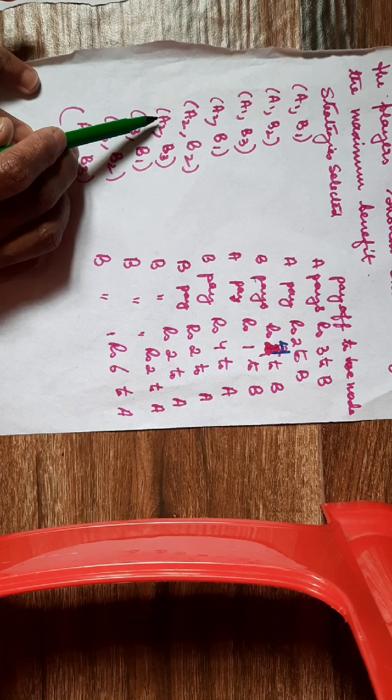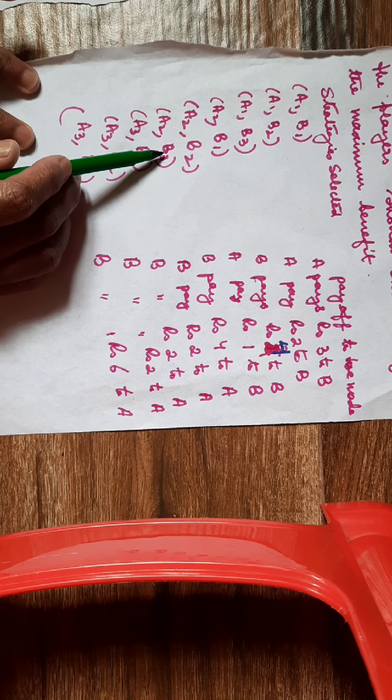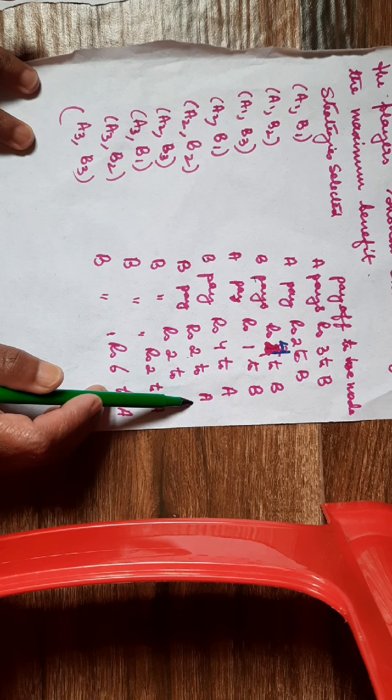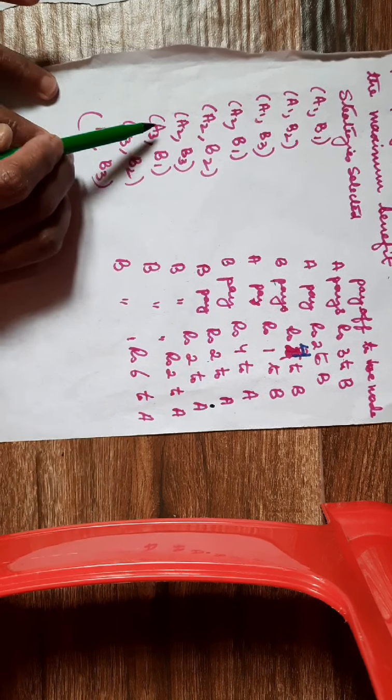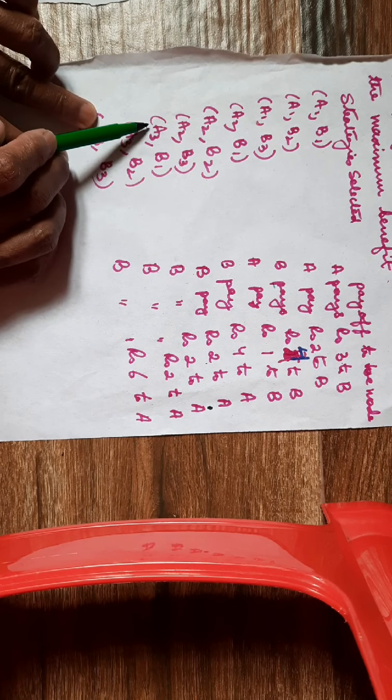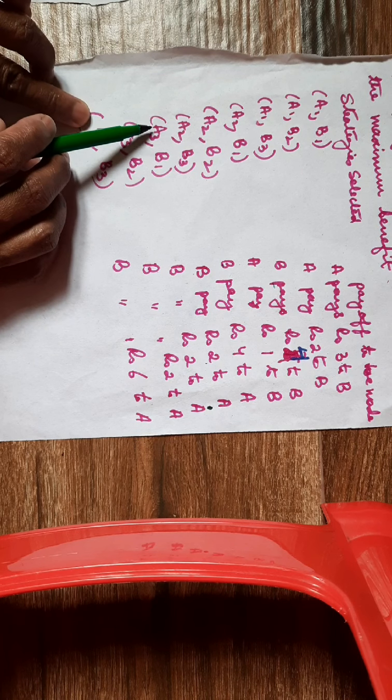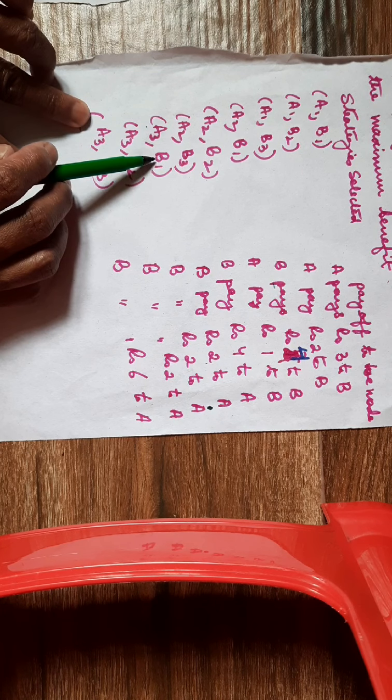Now if player A chooses strategy A2 and B chooses strategy B3, then B will have to pay rupees 2 to player A. A3, B1 means that player A chooses strategy A3 and player B chooses strategy B1.